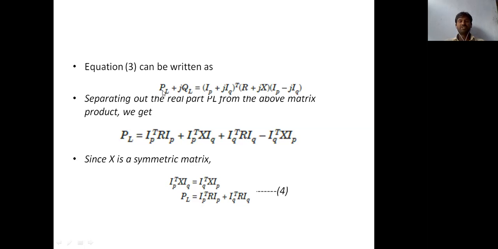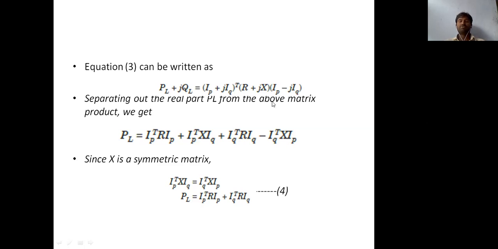Separating the real part PL from the above matrix product, first those terms are multiplied, and the final equation is the product of all terms. We get PL equal to IP transpose R into IP plus IP transpose X into IQ plus IQ transpose R into IQ minus IQ transpose X into IP.